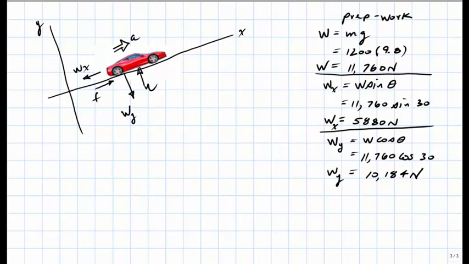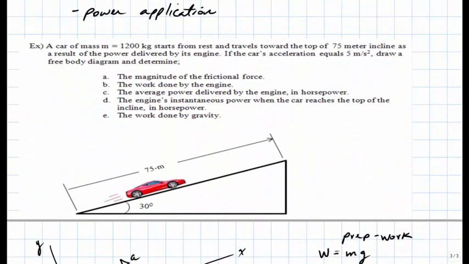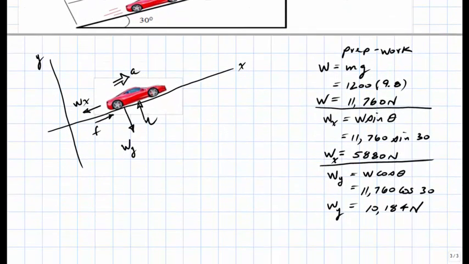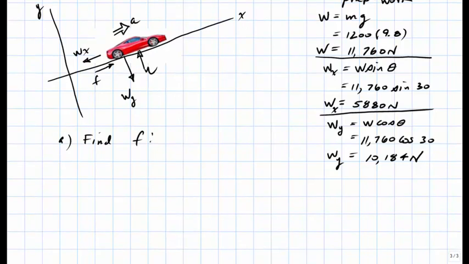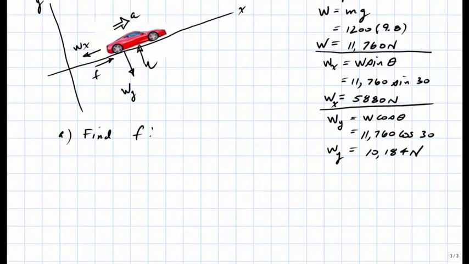Now in part A of the problem, we're seeking to determine the magnitude of the frictional force. Let's go ahead and tackle that part of the problem. So we want to find the frictional force, and in order to do so, we will apply Newton's second law along the x direction.